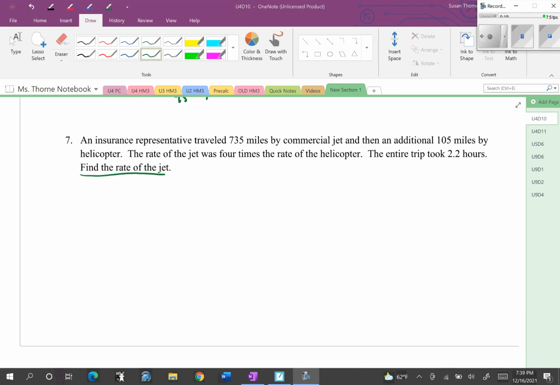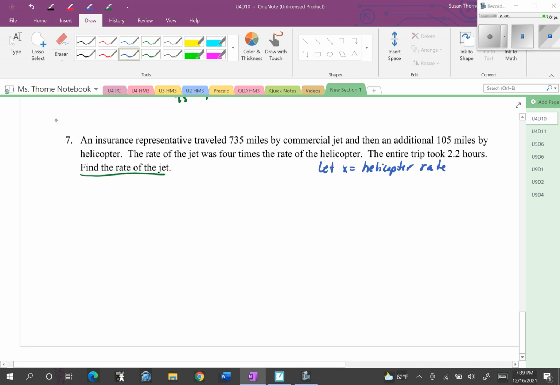So for this, since we're trying to find the rate of the jet, and the rate of the jet is 4 times the rate of the helicopter, that means we're going to let x equal the helicopter rate.